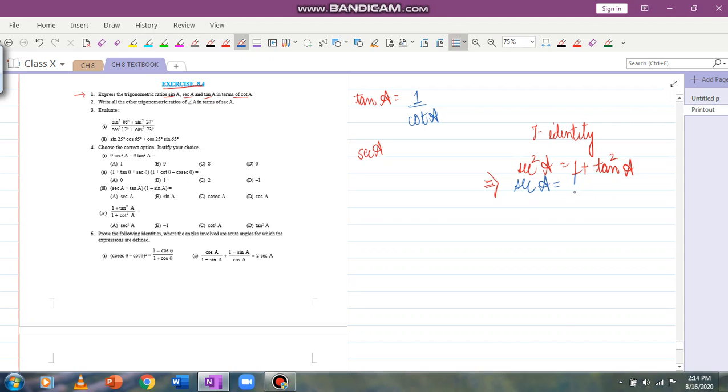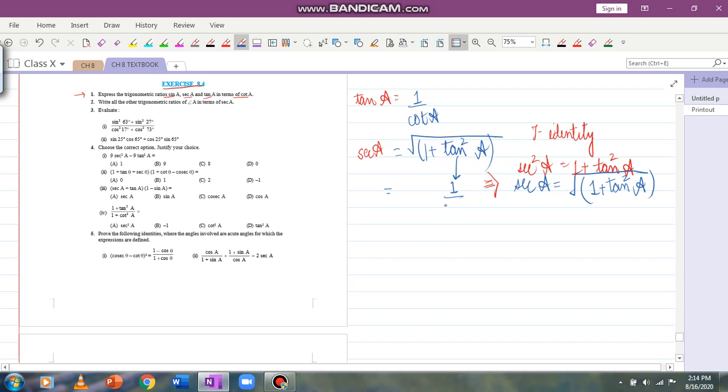So secant A is actually the square root of this binomial 1 plus tan square A. I will be just using it and I'll have the answer for secant A in terms of cot A after I use the value for tan A. Now tan A is equal to 1 over cot A, so I'm just going to use this value.